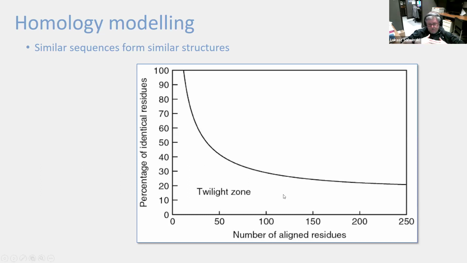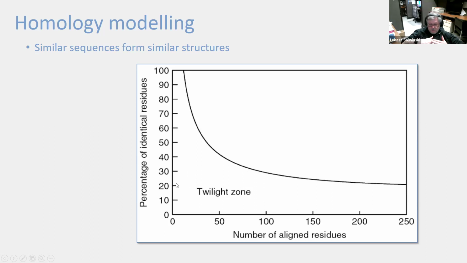The borderline of identity for conservation of structure depends on the size of the protein. The shorter the protein, the higher the similarity has to be, but typical proteins are somewhere around 100 or quite a bit more residues, so this corresponds roughly to the zone between 30 and 40%.